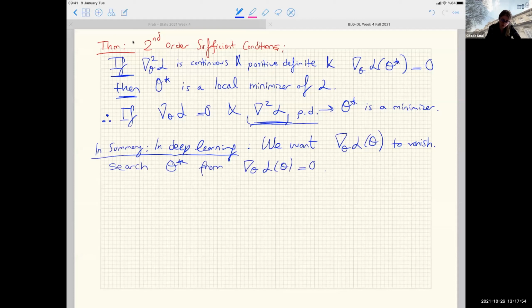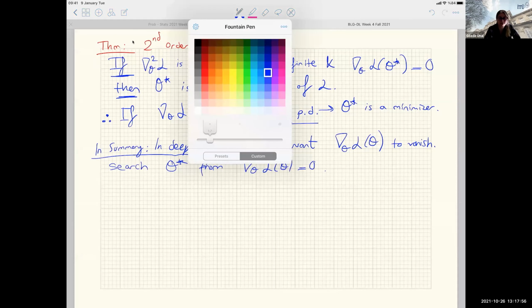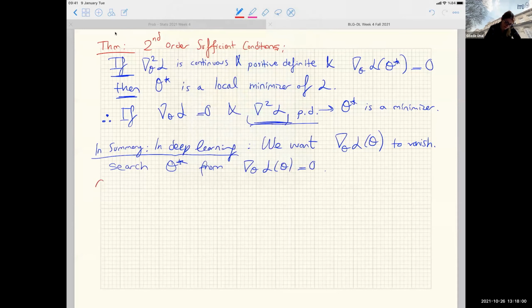And again, to repeat, we use the gradient descent algorithm. We repeat this. For i from 1 to M, let me also say the loss uses all samples in the training set, of course.